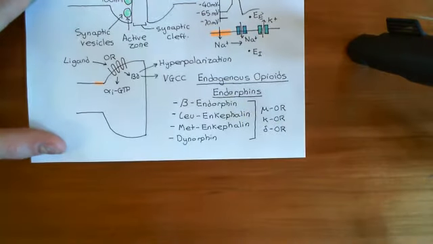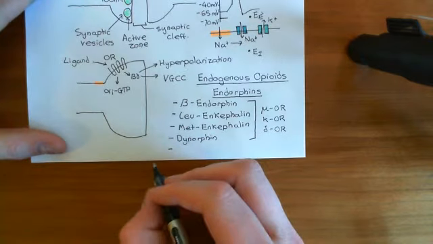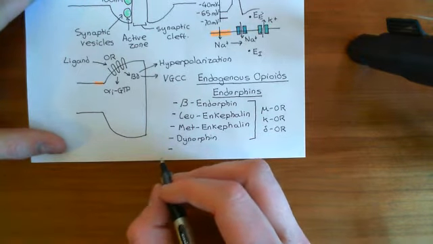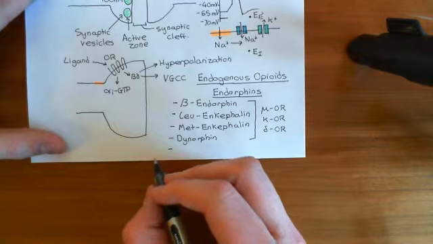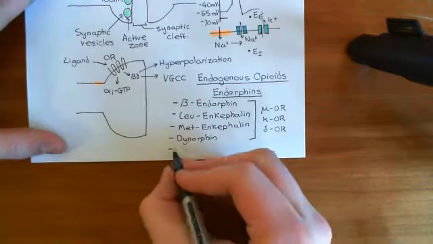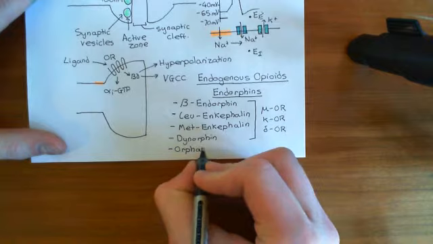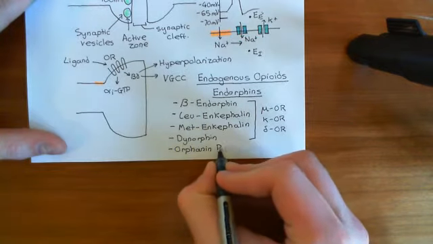Okay, so we haven't actually yet seen an endogenous agonist for the opioid receptor-like one. So I will now give you the main endogenous agonist for the opioid receptor-like one. And this is a protein called orphanin PQ, or it's sometimes also called nociceptin. Okay, so orphanin PQ / nociceptin.